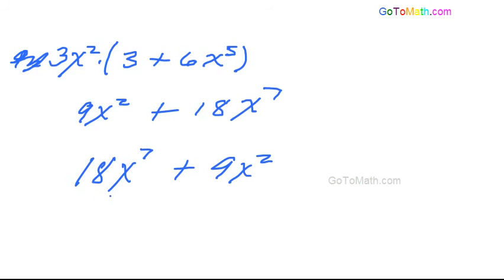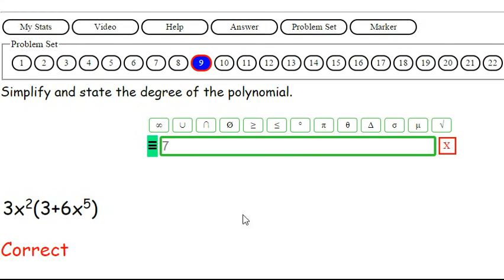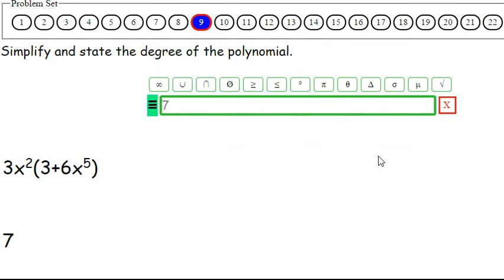Since this is the leading term, this would be the leading coefficient, and this right here is the leading degree, so it's going to be 7. We can put a 7 in the box, check our work, and it says correct. Let's click the answer. It says 7. So that's a little bit on the definitions when describing a polynomial.